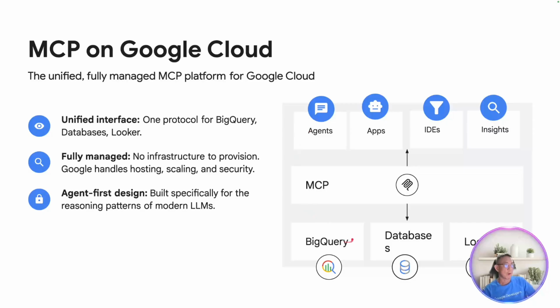You have all your services like BigQuery, databases, Looker, whatever, accessible through MCP, and on top you have your agents, apps, IDE, or insights. This provides a unified interface, one protocol for your BigQuery, database or Looker. It's fully managed, with no infrastructure to provision, and Google handles all the hosting, scaling, and security.